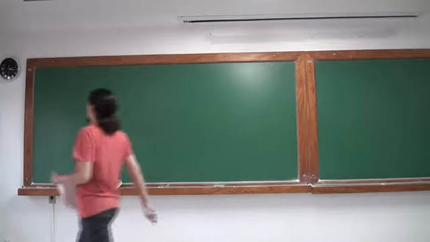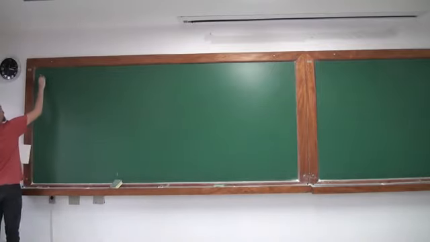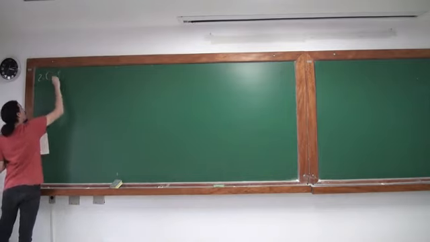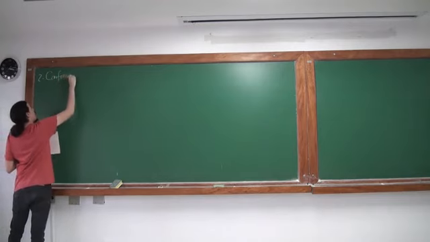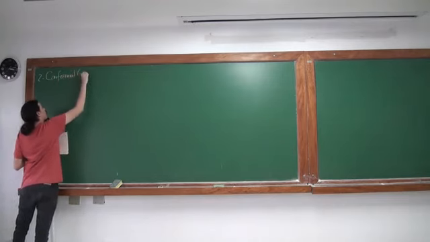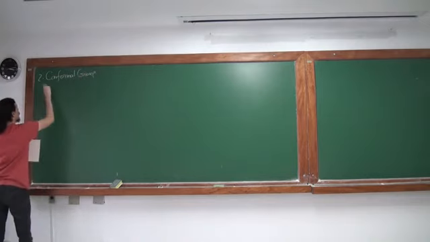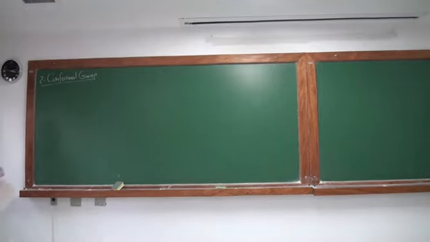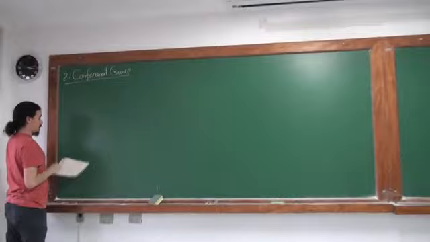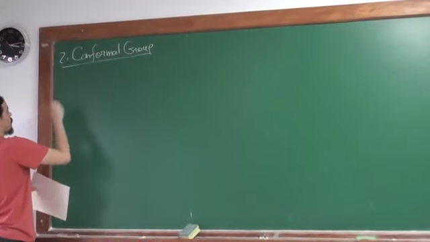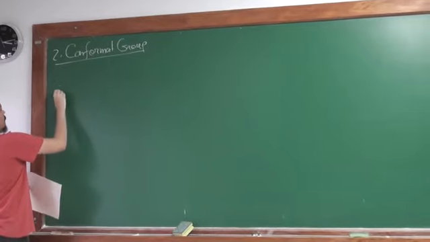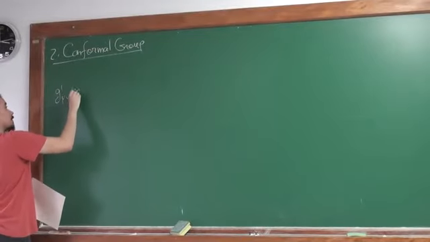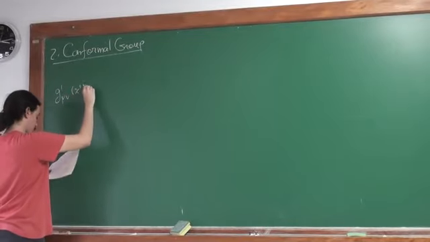So we start with the conformal group here. I wrote already there. For a conformal transformation, we have this transformation law for the metric.